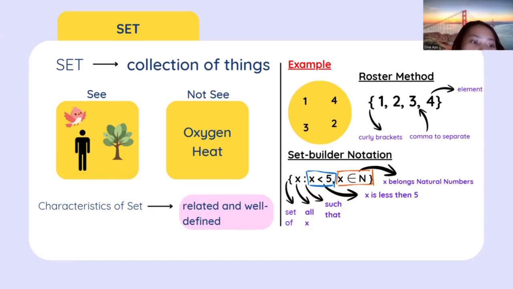There is another way in which we can represent the set we just saw, that is the first four natural numbers. It is written as the set of all x such that x is less than 5 and x belongs to the natural numbers. I had exactly the same thought that you are having in your head right now.